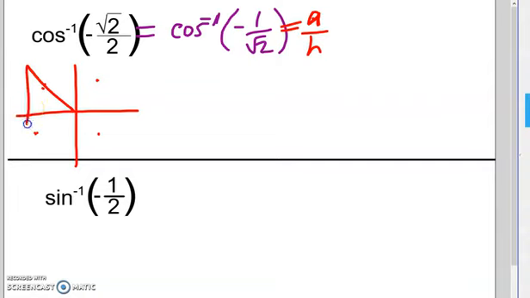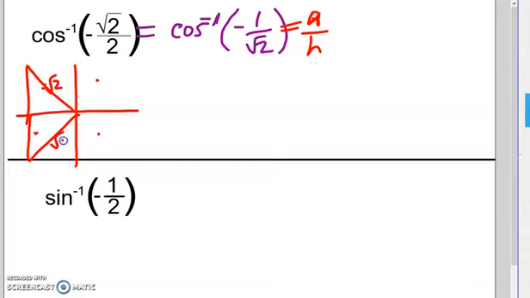So these are my two triangles. Now I've got a negative here. This confuses a lot of students. We take the negative and we always apply it to our adjacent or our opposite. In this case, it's adjacent. We're using a positive hypotenuse all the time.